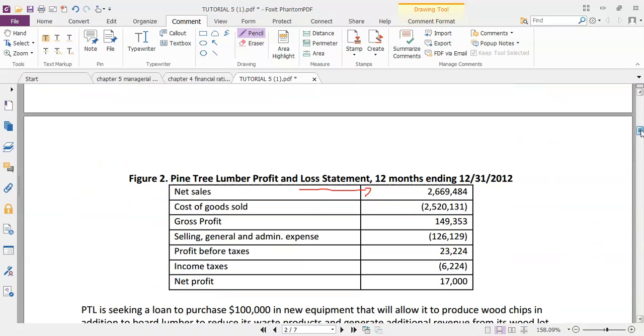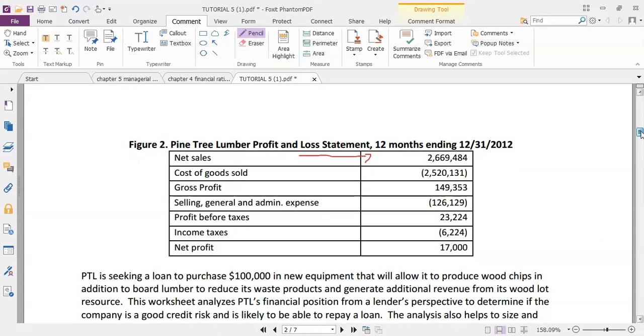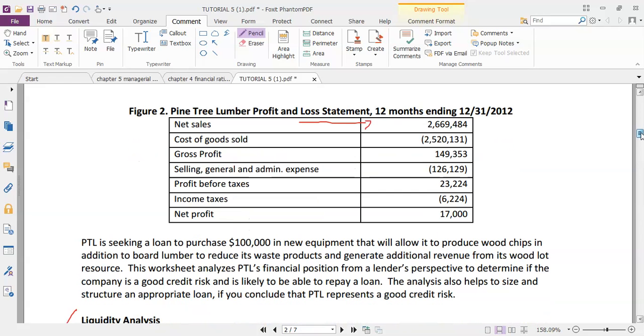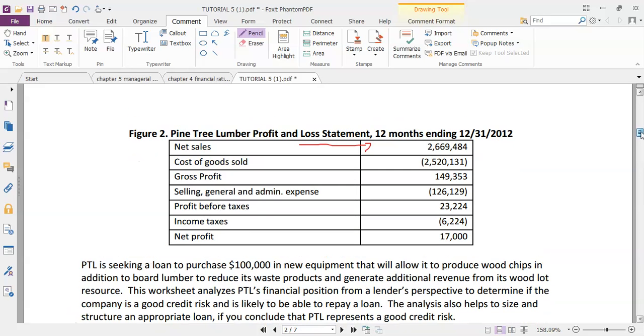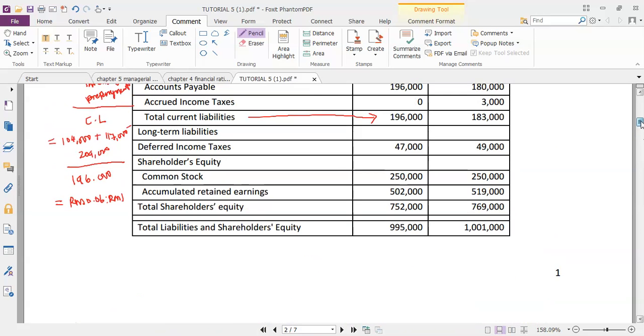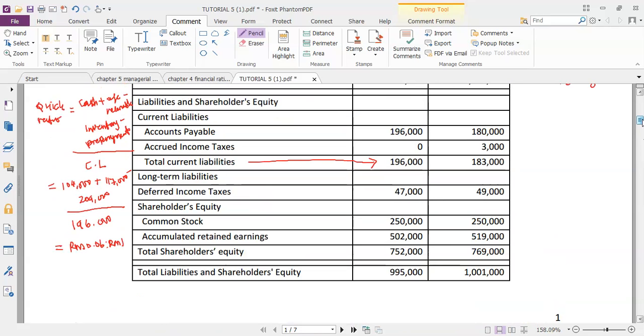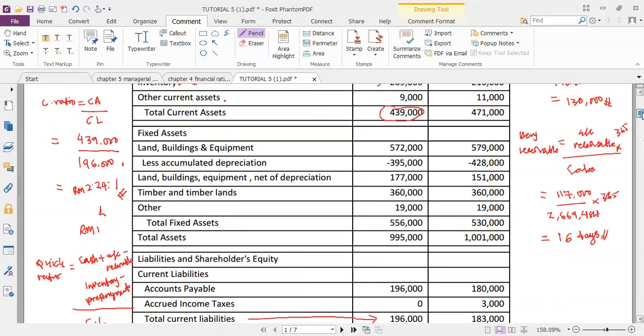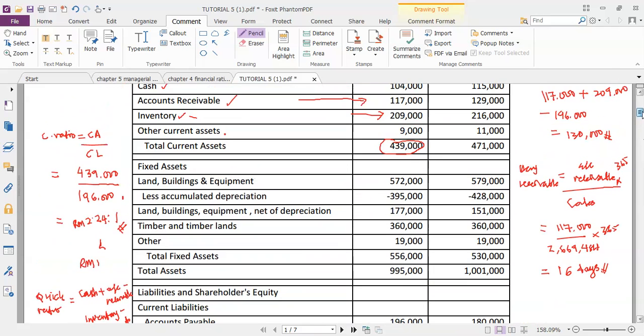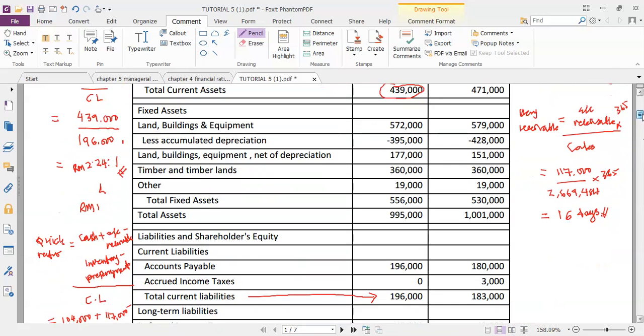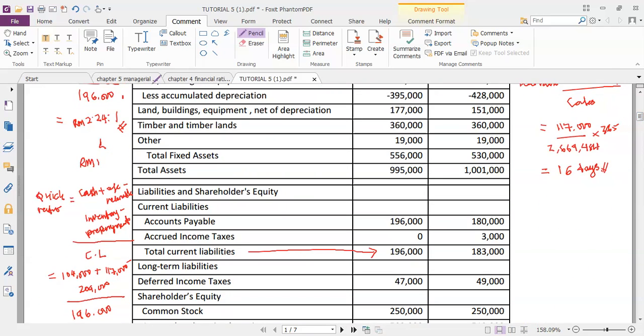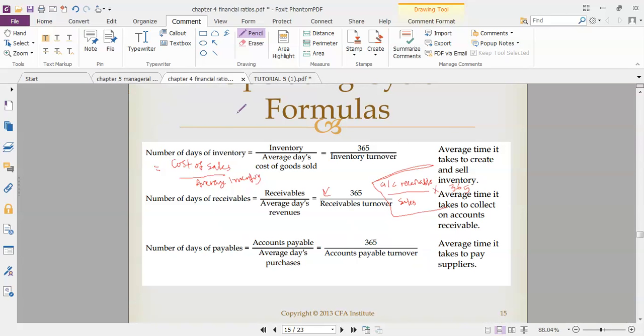But here they did not give us the opening inventory. How come we will calculate the average inventory? Oh my goodness. We just have the closing inventory here. Wait for a while.